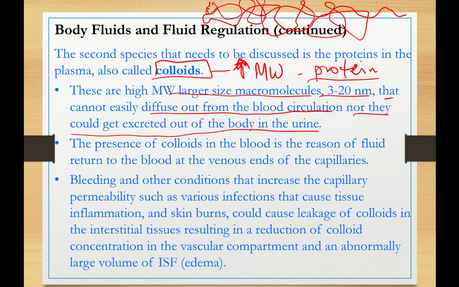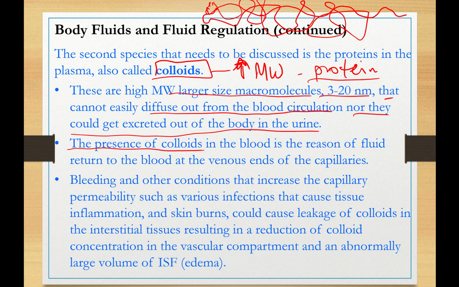These molecules are very big, and they don't go through the Bowman's capsule there. Okay, and therefore you never detect any proteins in the urine unless there is a disease or a severe condition.